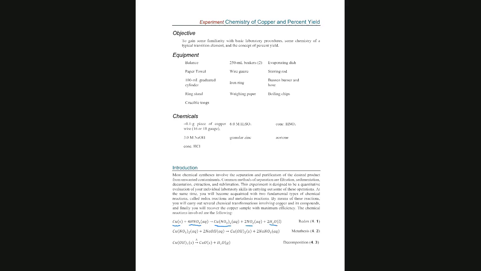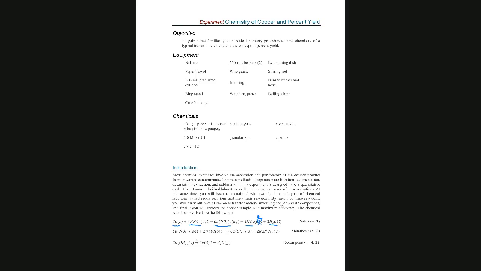Please note that this says AQ. AQ is wrong. Nitrogen dioxide is a gas, so it should be a little g instead of AQ. So you can correct that.